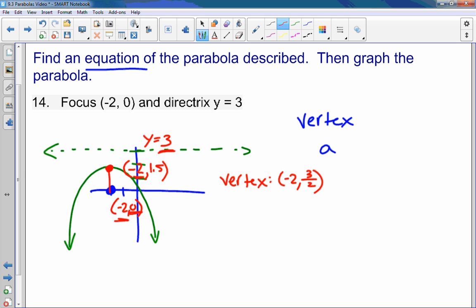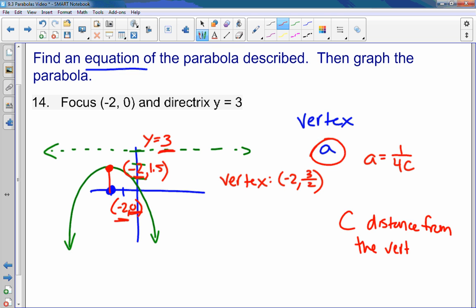Okay, and now I need to find what the a value is. Remember, a is equal to 1 over 4c, and c is the distance from the vertex to the focus and the directrix. It's the same distance, remember. So how far is the distance from the focus to the vertex?